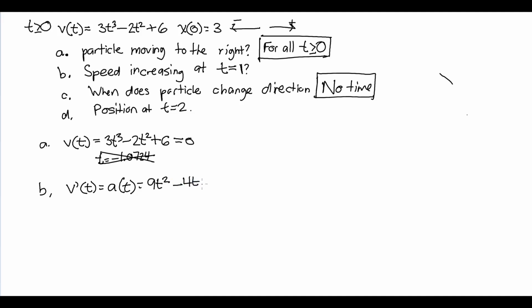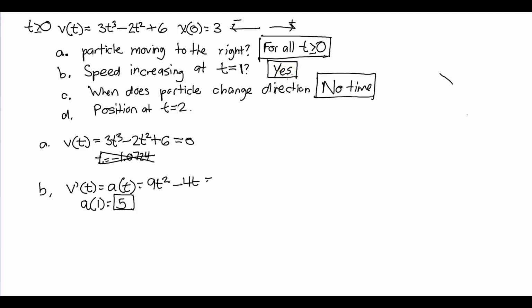At t equals 1, we get 9 minus 4, so a of 1 equals 5. That means the speed is increasing, because the acceleration is making the velocity more and more positive. So yes, it is increasing.